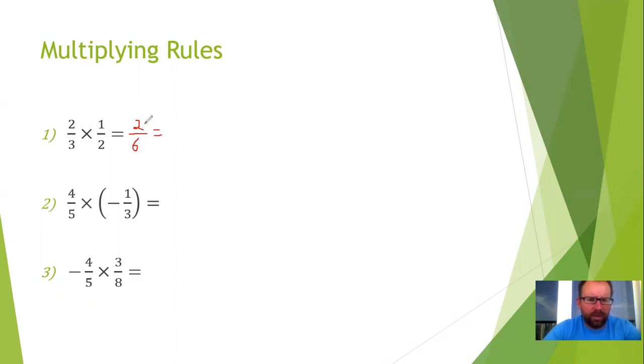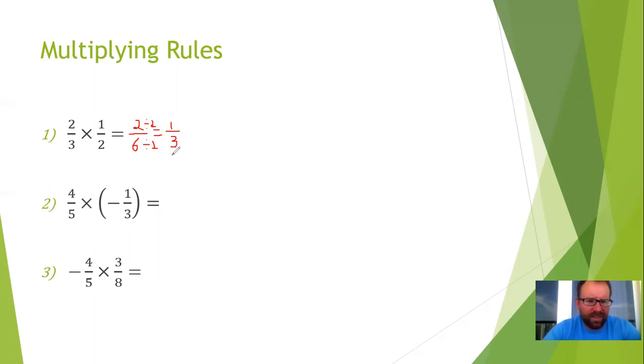We can divide both of these by the numerator, 2 divided by 2 and 6 divided by 2. 2 divided by 2 gives me 1, and 6 divided by 2 gives me 3. So my final answer is going to be 1/3.